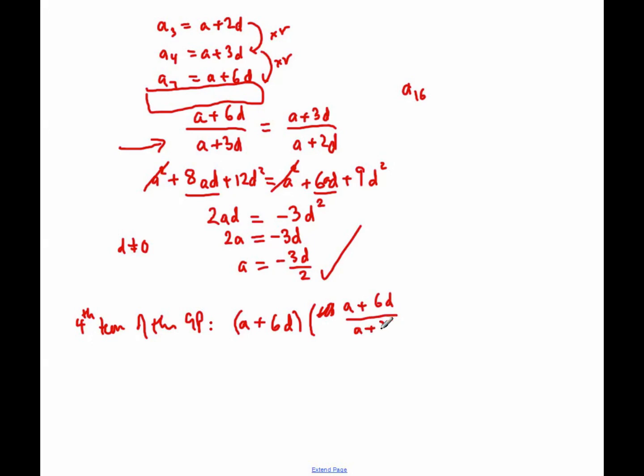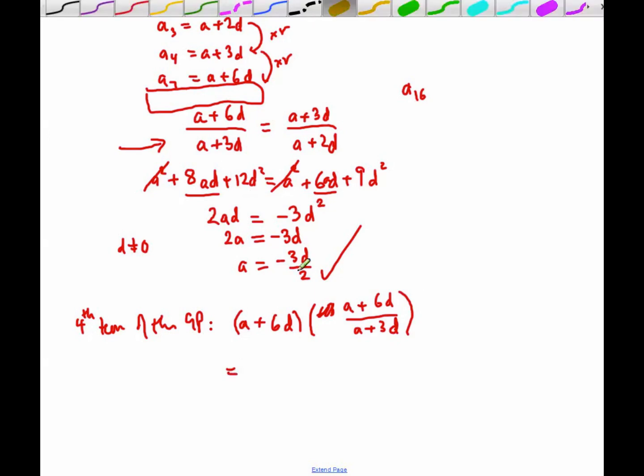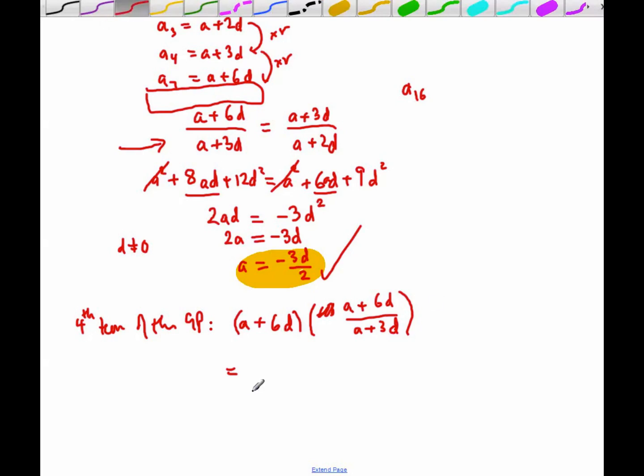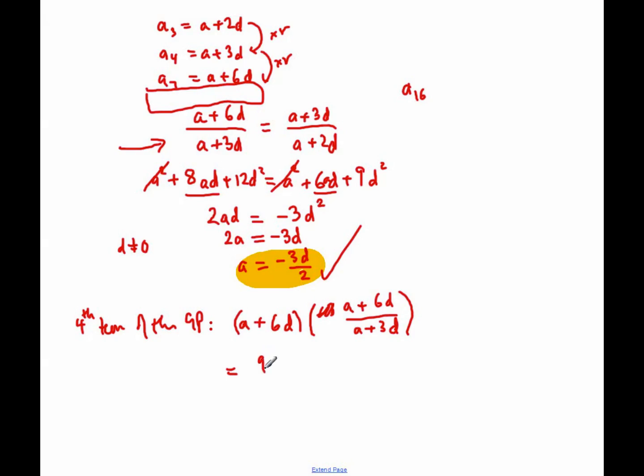Over a plus 3d. So it's the third term multiplied by the common ratio. In an instance where a is equal to minus 3 over 2d. So what we can do is substitute that into all of this to see what we get. So we get minus 1.5d, minus 3 over 2d plus 6d is 4.5d, which is 9d over 2.